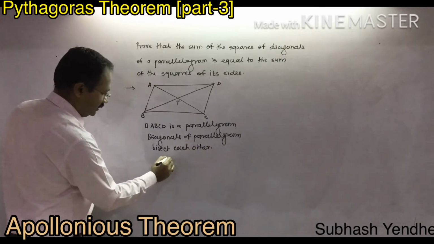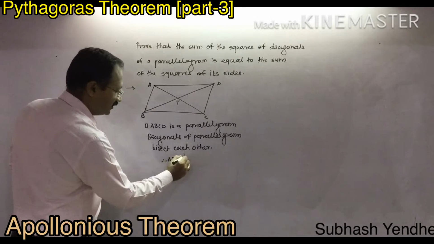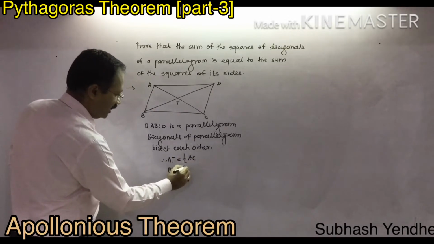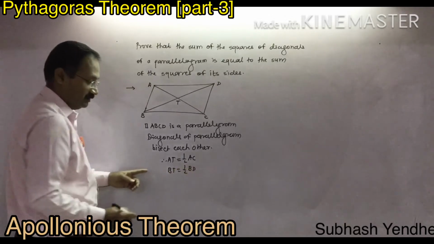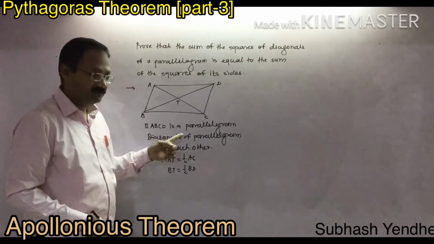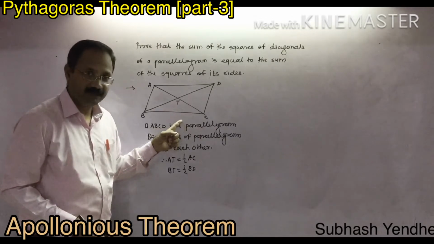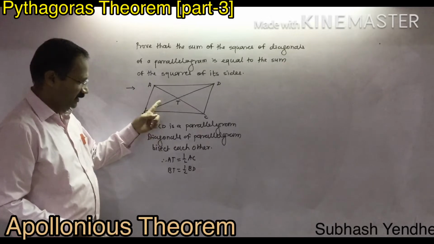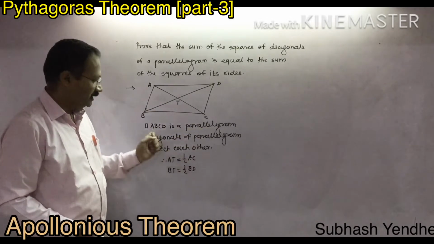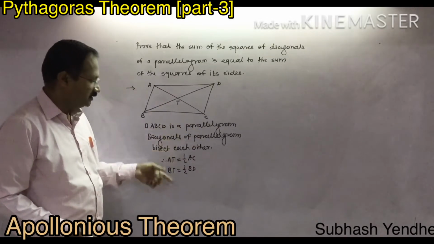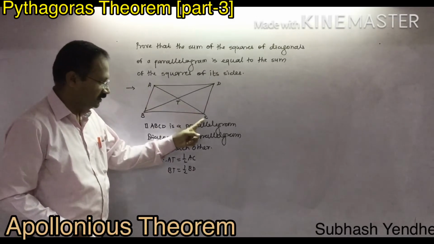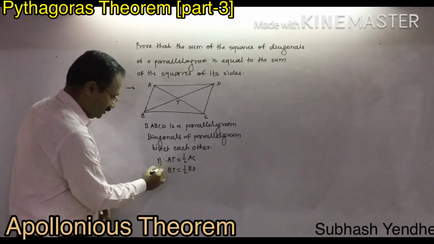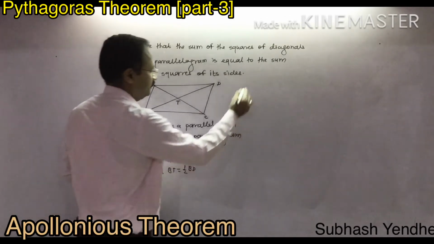Therefore, we can write AT is half of AC and BT is half of BD. Always remember, if any sum related to a parallelogram comes, then you have to write these statements as they are. Draw the diagram. ABCD is a parallelogram. Diagonals of a parallelogram bisect each other. Therefore, AT is half of AC and BT is half of BD. Give the number 1, give the number 2 to this one.